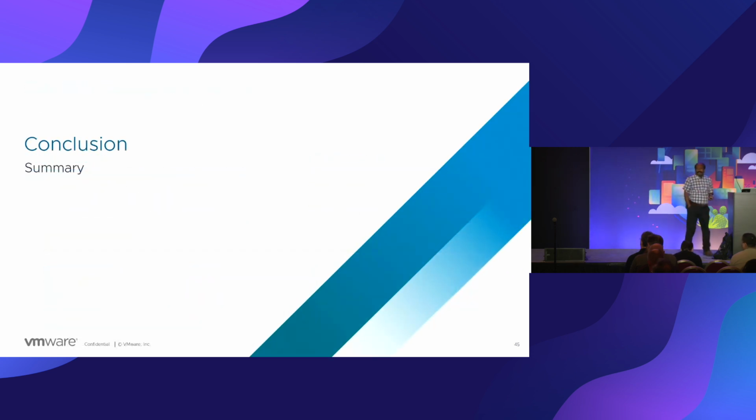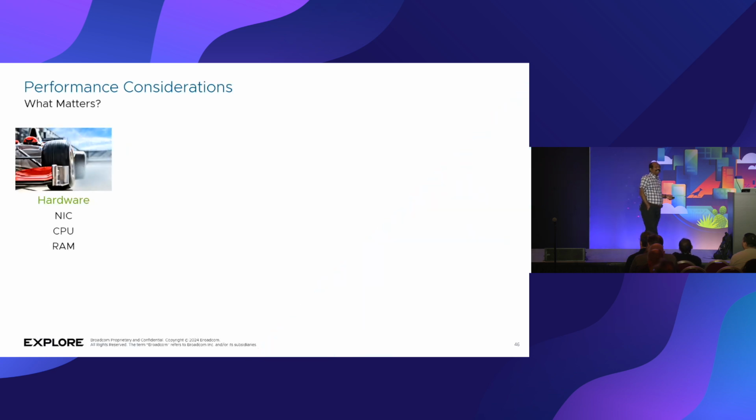Okay, I told you you would recognize one more slide. Maybe if you've seen the previous sessions, you would recognize this. But in conclusion, there's a few things to take a look at. I love this analogy. You're looking at performance. You want to get the best performance out of your box. Then you start looking at the hardware, just like a fast car.